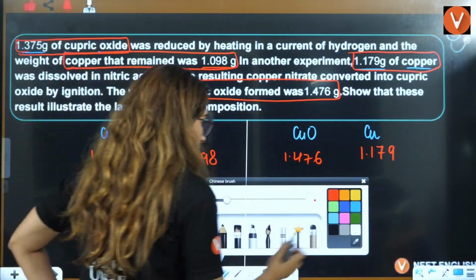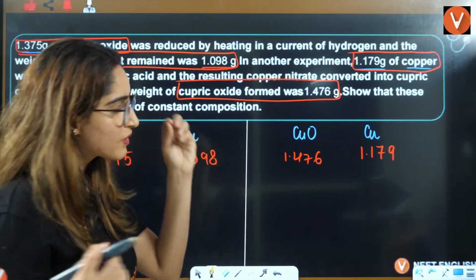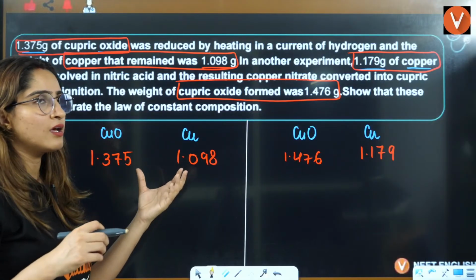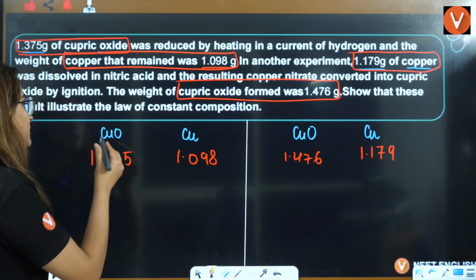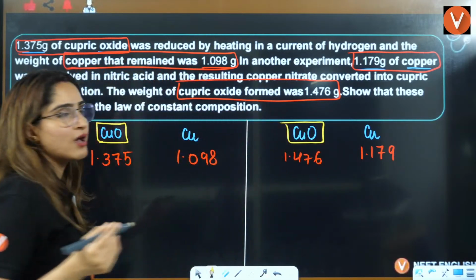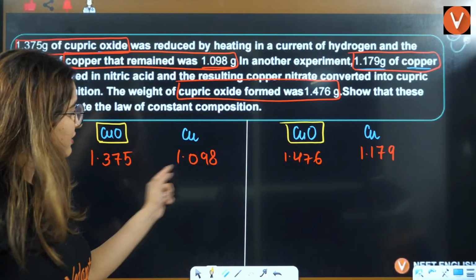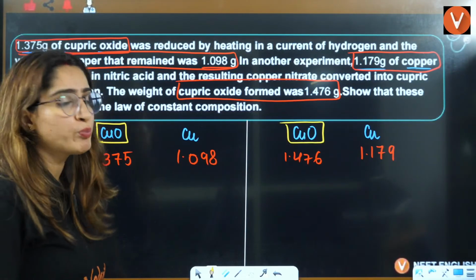So, the thing is that if I say that this and this oxide has the same mass, you can see that it has the same mass, but you have to prove it with this data. How do you prove it?